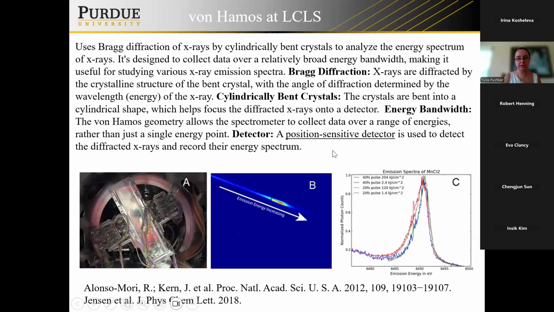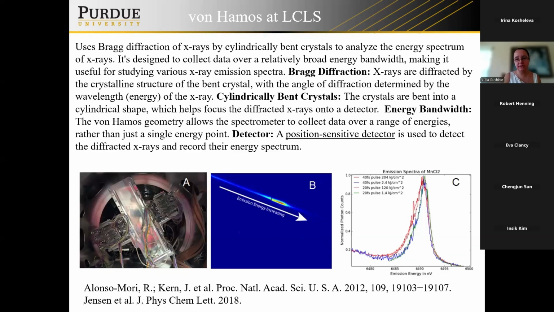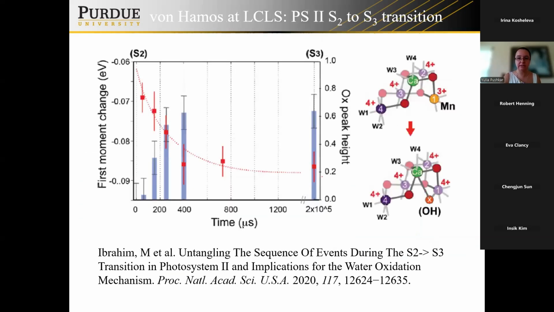We published, etc. So in parallel, from this detector, here is representative X-ray emission spectroscopy for PS2, the very interesting S2 to S3 transition where the final oxidation happens. This mostly oxidized S3 state is formed before the transient step. The results are published. First moment analysis of this K-beta line tells you how manganese gets oxidized.